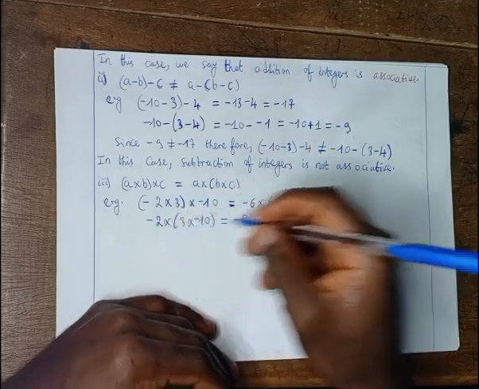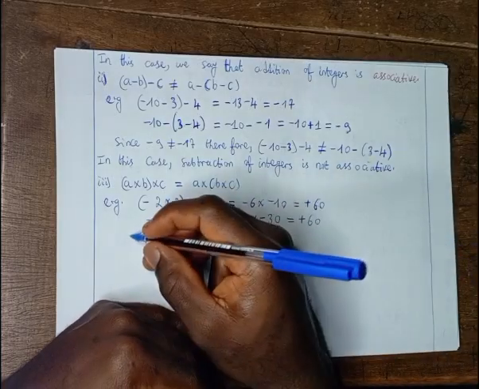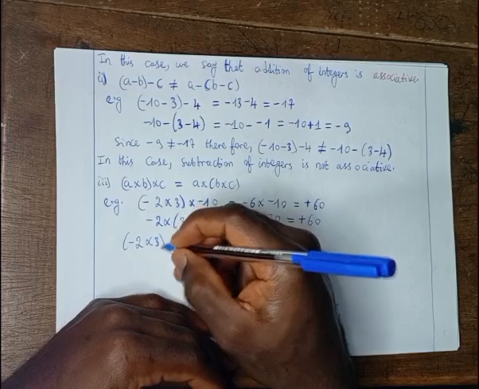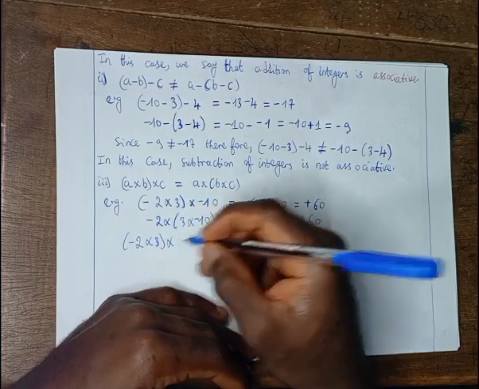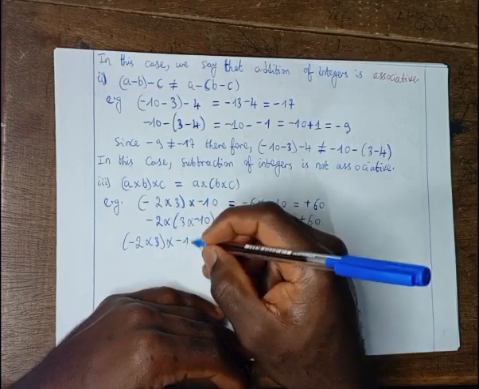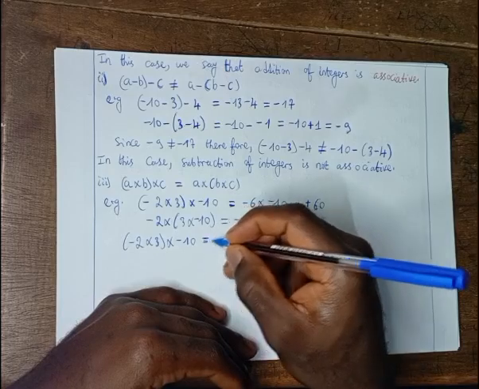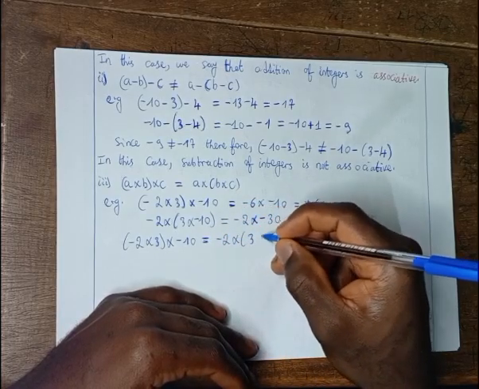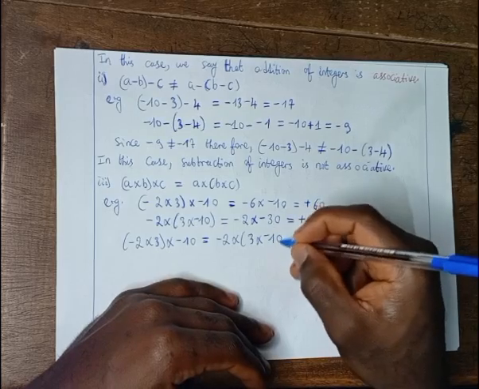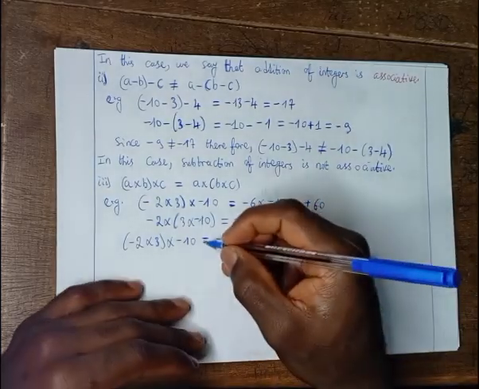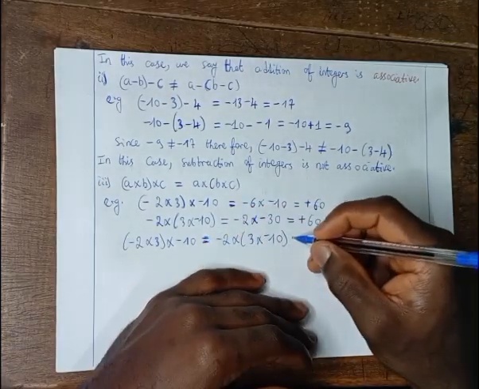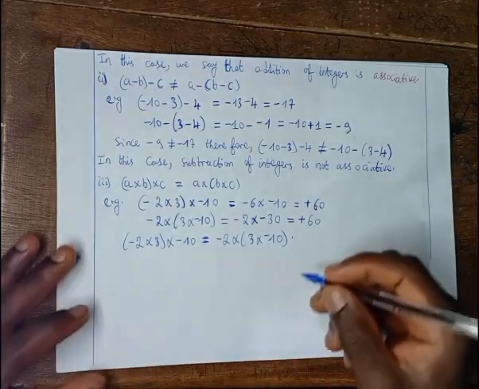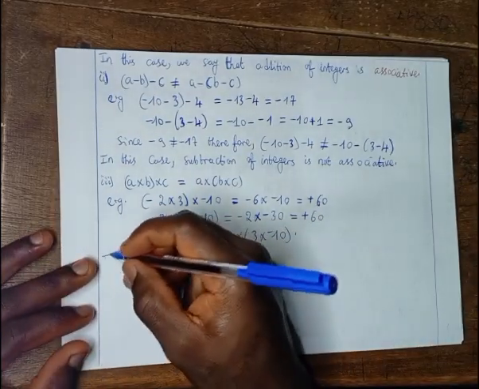So it simply means negative 2 times 3 times negative 10 is equal to negative 2 times 3 times negative 10. You can see they are the same. Since positive 60 is equal to positive 60, then we are going to conclude in this case.